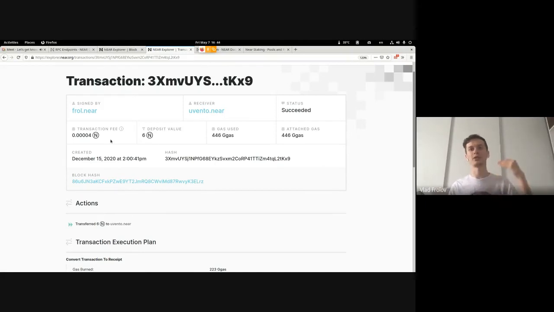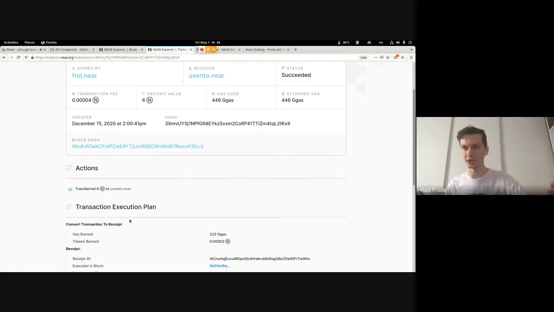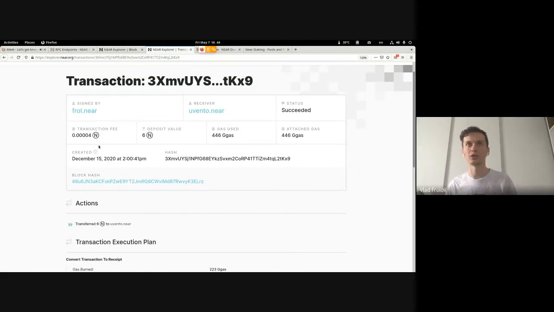Whenever a transaction gets to the validator and it does this conversion, it overcharges us for potential future use. And the validator checks whether I have enough tokens to cover fees, and maybe, I'm not 100% sure, it can check for this deposited value, which is deposited from transfers or from function calls.